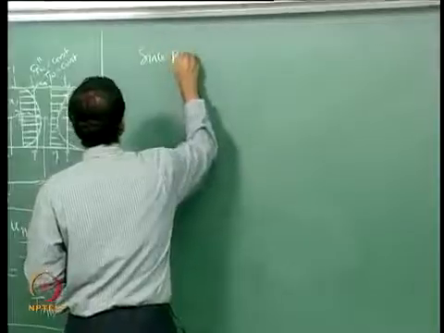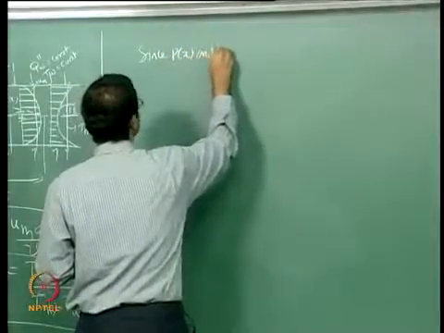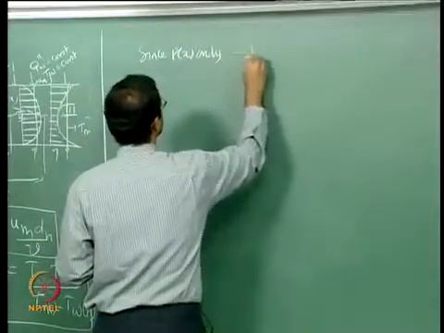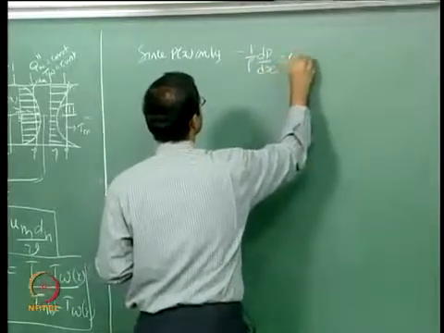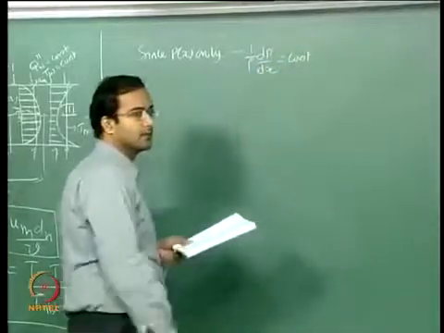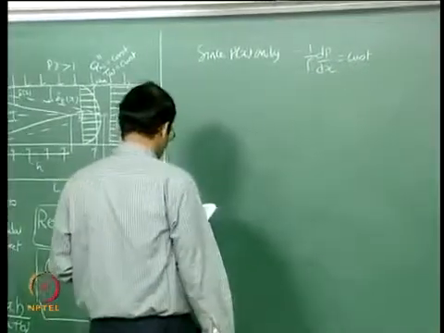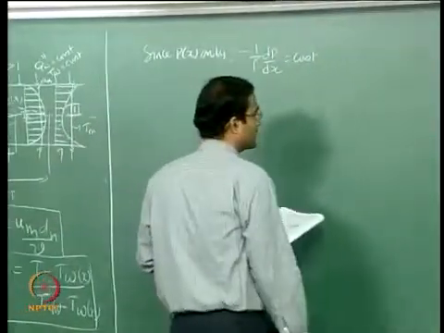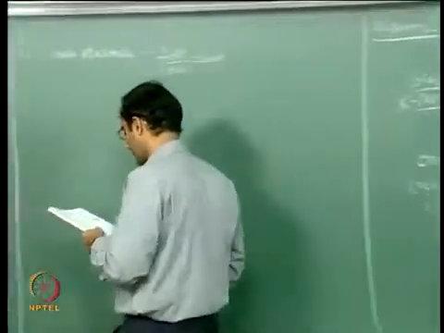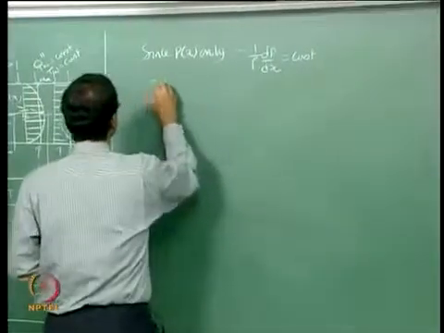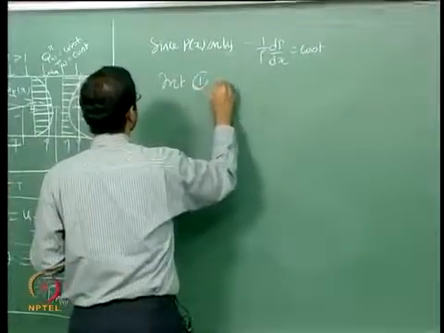Since p is a function of x only, minus 1 by rho dp by dx should be a constant, right. Since this is a function of x and this is a function of r, they can balance only if they are constant, therefore we can integrate 1 with respect to r.